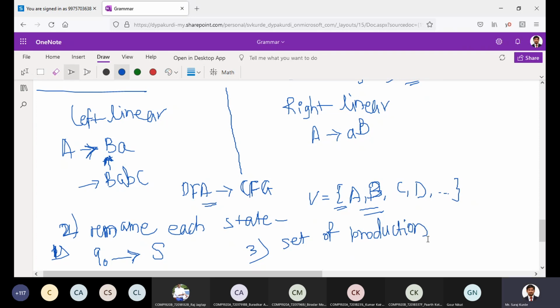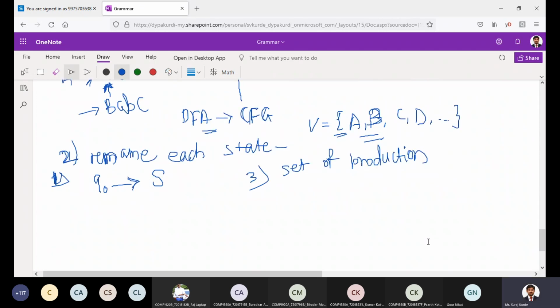While writing that, if any state has a transition, let's say Q naught has a transition to QF on input a, and if I rename Q naught as S, then what should be written is S produces a. That is the production rule.